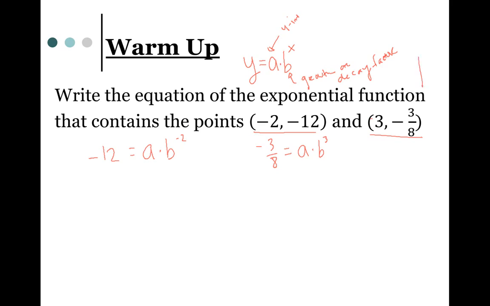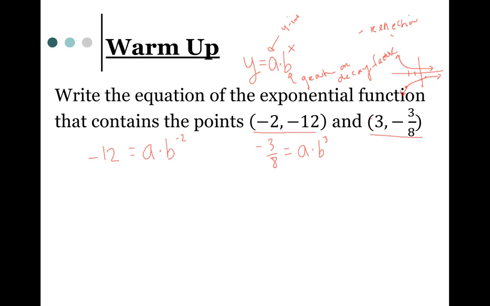I want to think about, is it, so -2, -12. So there's like a reflection that happened clearly, right? And then 3/8. So it's going to look like this. So you can kind of see there must have been some, it must have flipped down. So let's say I just flipped it back up and I pretended that it wasn't doing that. It's decaying, right? So there was obviously a reflection over the x-axis, which is a good thing for us to talk about as we transition into transformations in a moment.